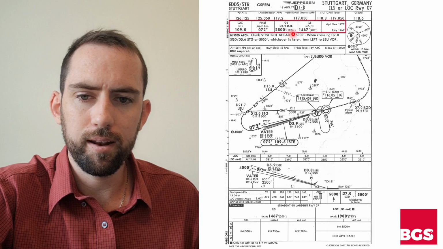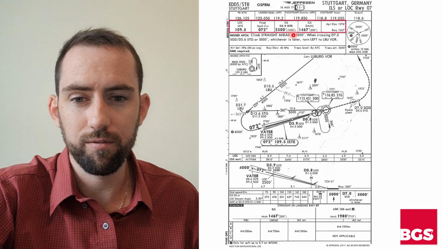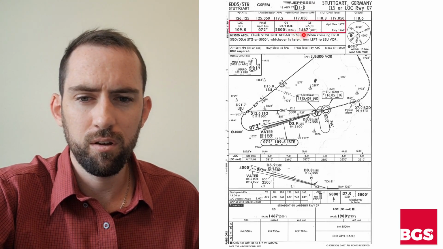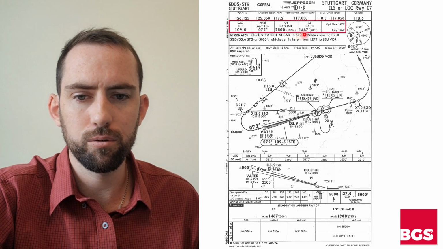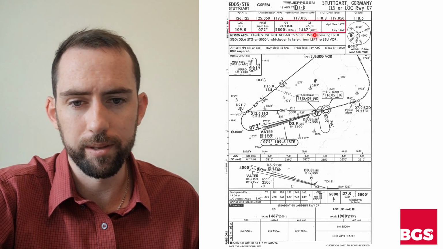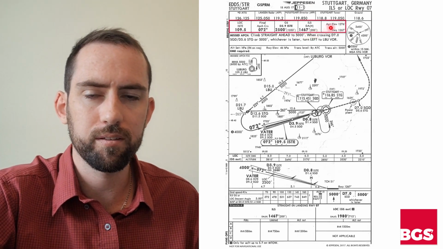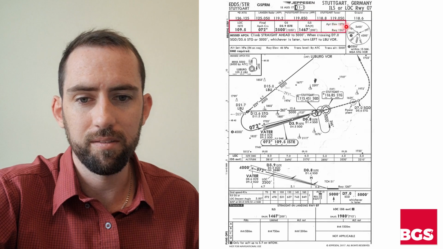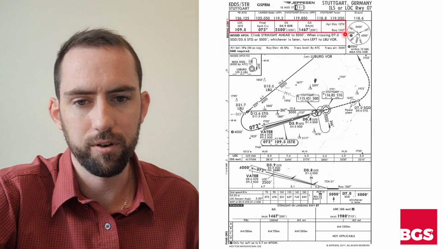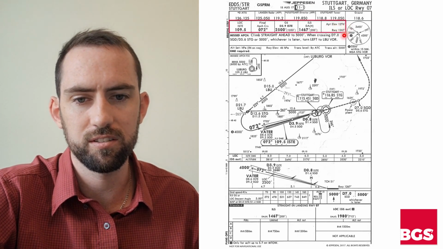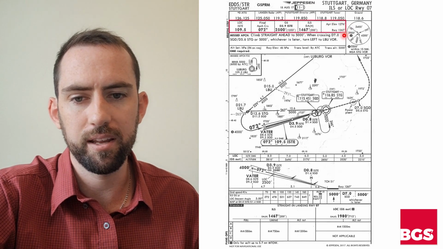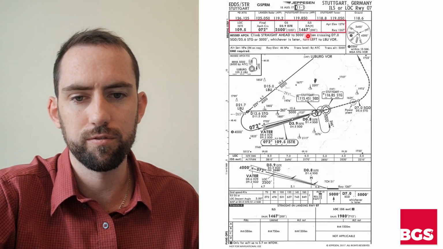For the full ILS, our decision altitude is 1,467 feet, which would put that as 200 feet above the runway. Here we go, our airport elevation is 1,276 feet, and our runway elevation is 1,267. So that would place this decision altitude at 200 feet above that.